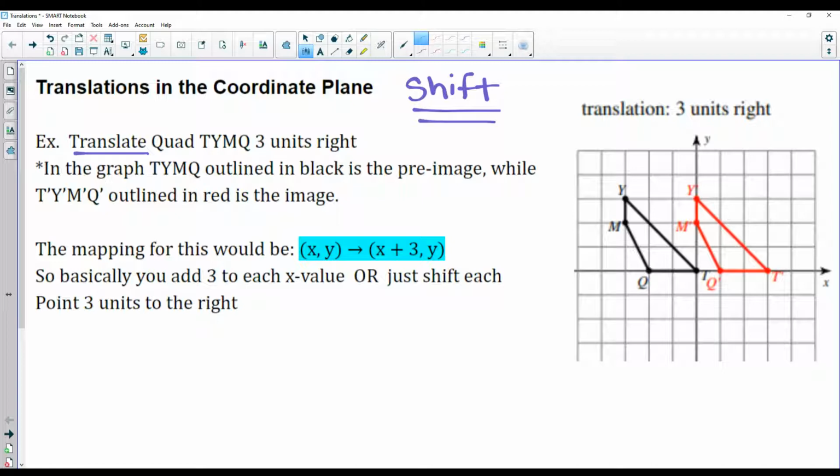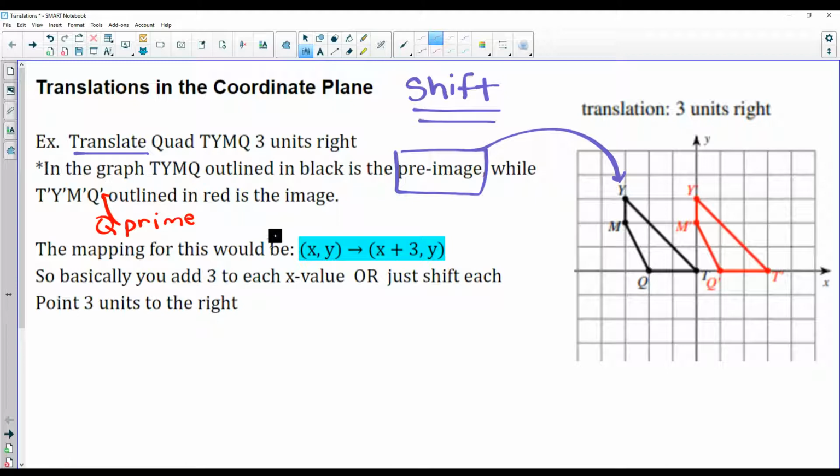Now, some vocabulary here. In this graph, TYMQ outlined in black is the pre-image. So the pre-image here in this figure is in black. Now, the quadrilateral T prime, Y prime, M prime, Q prime, notice that this little symbol here is called prime, okay? So that would be Q prime is how you would read that.